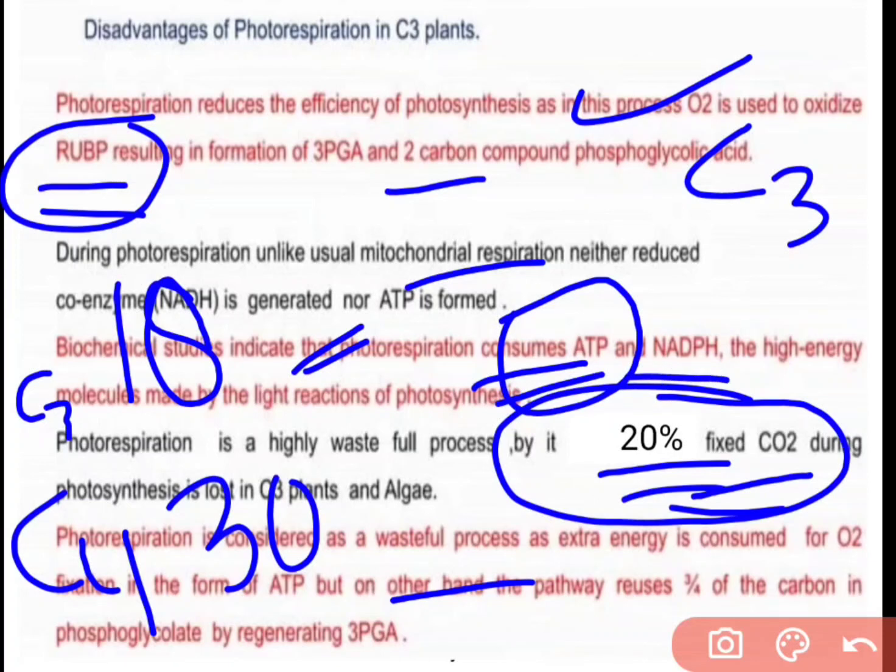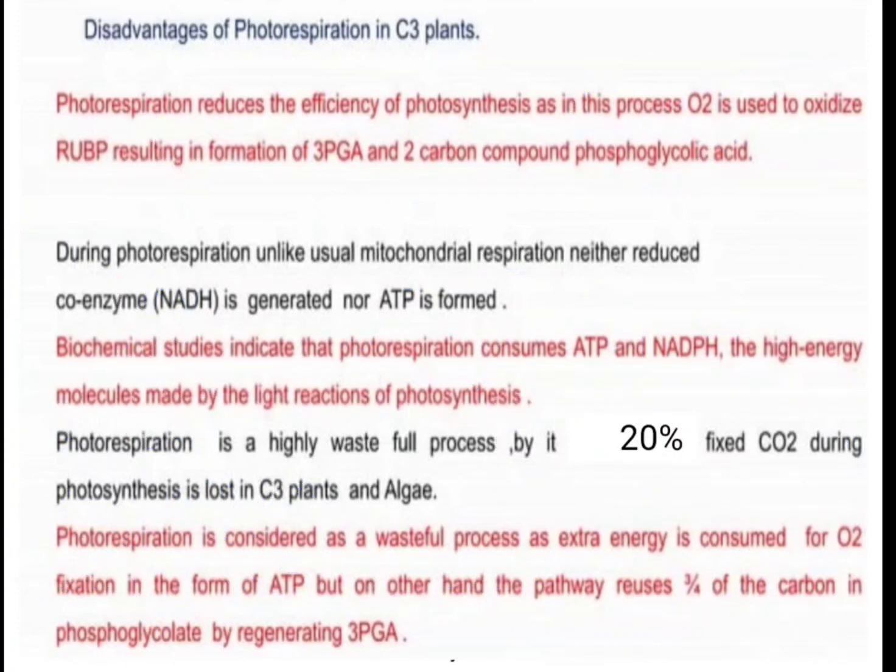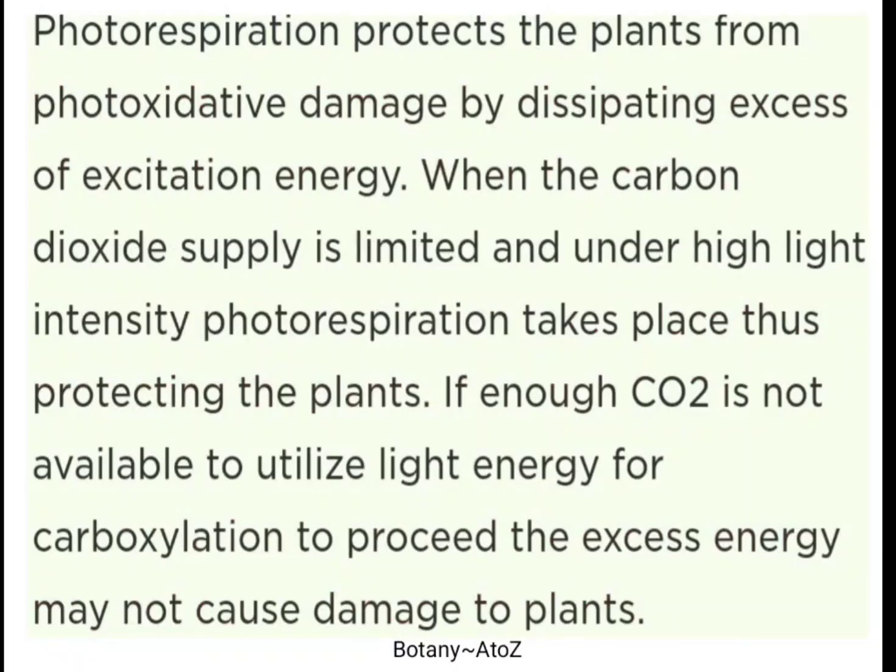As a result, despite using only 18 ATP to form one glucose in the C3 cycle, C3 plants are still less efficient just because of the oxygenase activity of RuBisCO, just because of losing this 20% of the carbon dioxide and consuming additional ATPs for this process. As a result, it is considered a wasteful process, but there are some merits, some plus points as well.